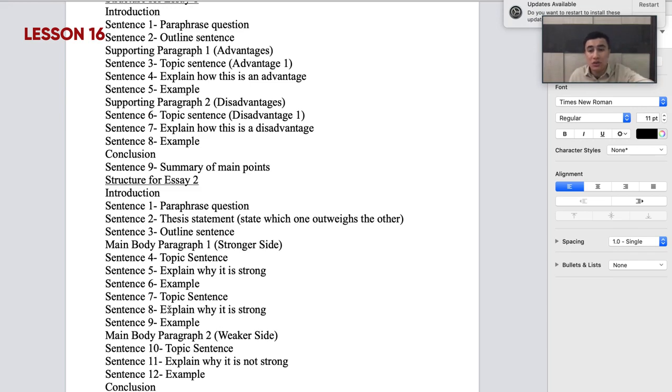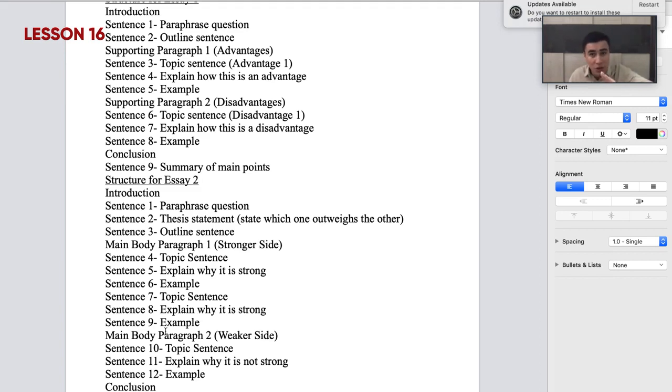And of course, you should exemplify your idea. In sentence number 7, you will write a topic sentence, then explain why it is strong, and of course, you will come up with an example.